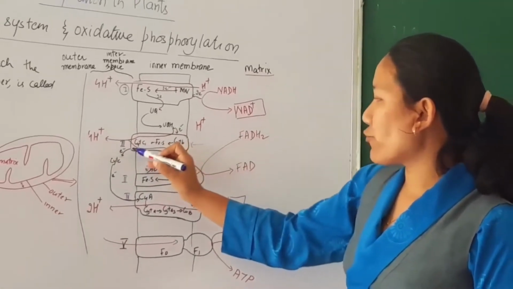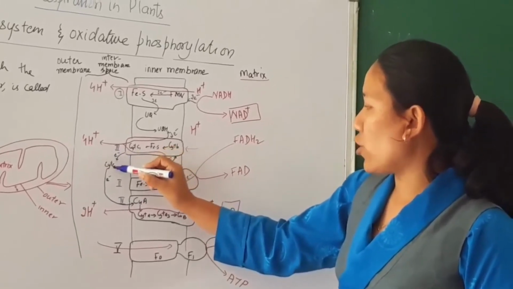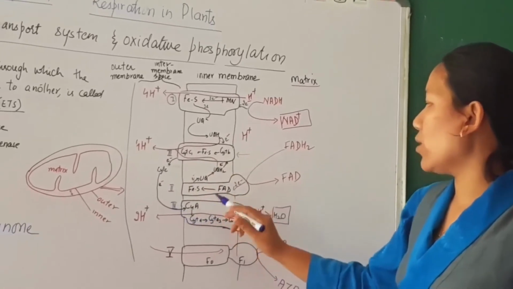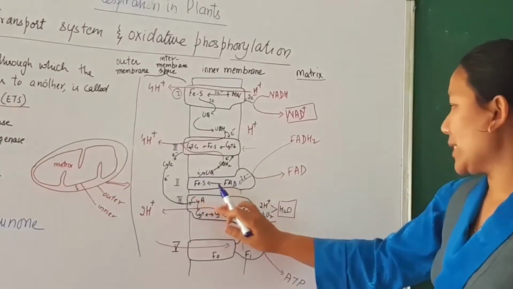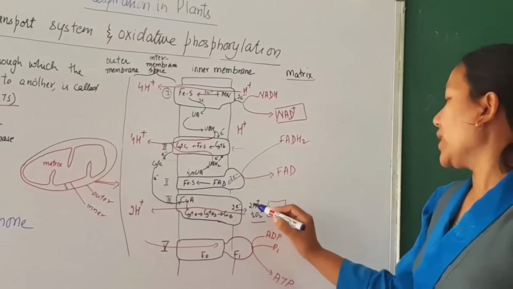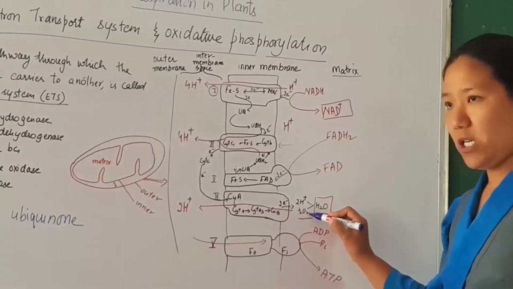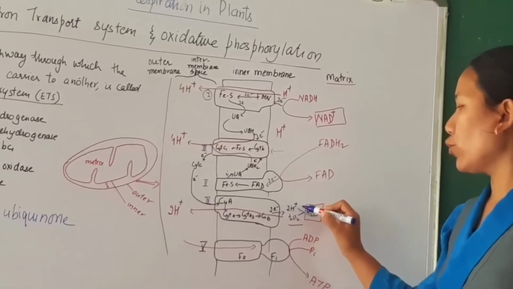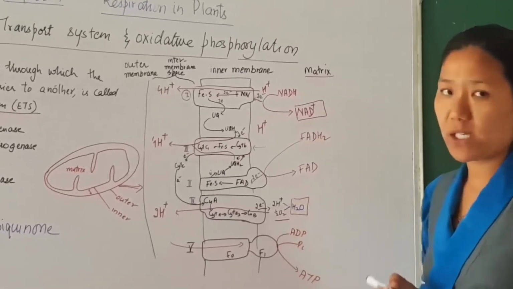Once the electron reaches here, it is carried by cytochrome C towards complex number 4, and once it reaches complex number 4, it is transferred to oxygen, and then oxygen along with the electron and proton, 2 molecules of hydrogen, forms water.